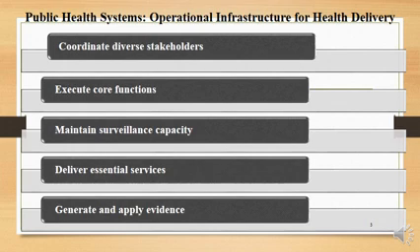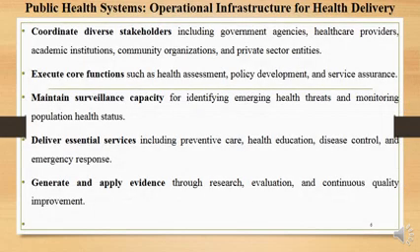So, public health operational infrastructure for health delivery. Coordinate diverse stakeholders, execute core functions, maintain surveillance capacity, deliver essential services, and generate and apply evidence. The operational infrastructure coordinates diverse stakeholders including government agencies, healthcare providers, academic institutions, community organizations and private sector entities.